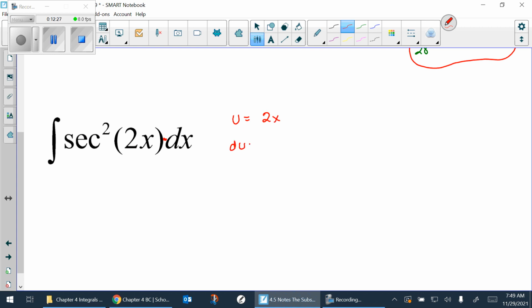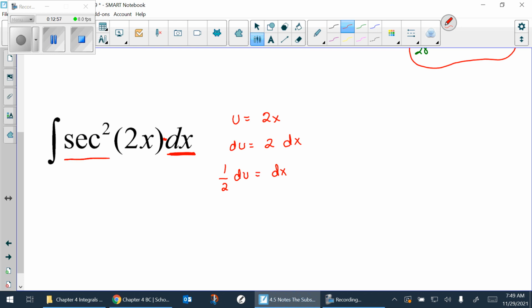The derivative of u will be equal to 2 dx, which is pretty close to what I want. It's going to be exactly what I want when I multiply by half. Now I have something that can be substituted for the dx.